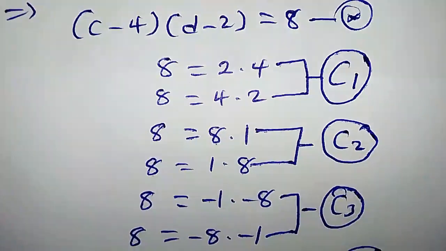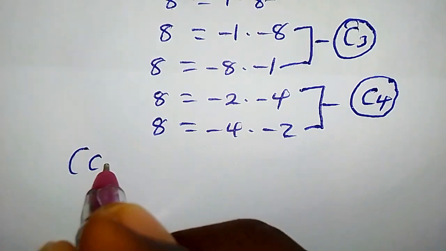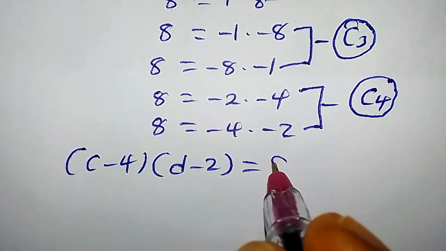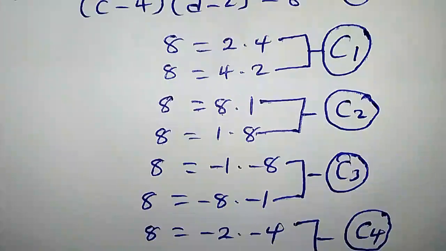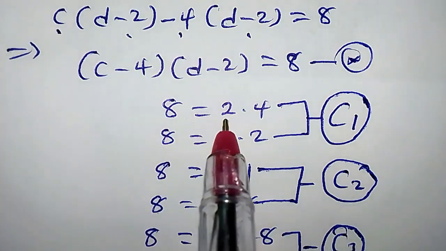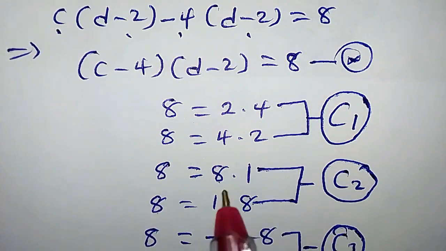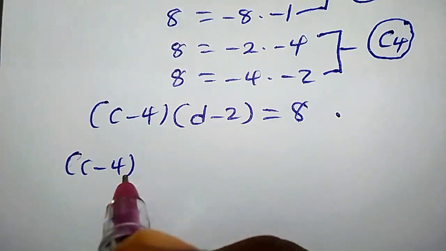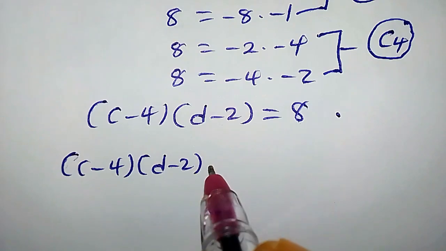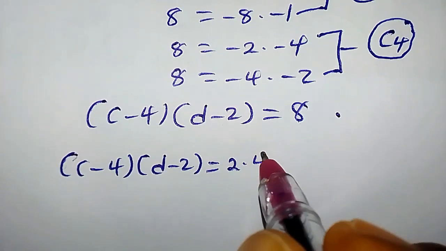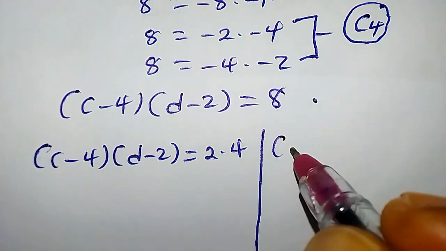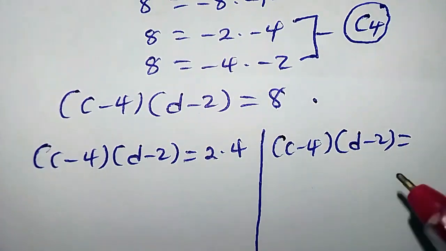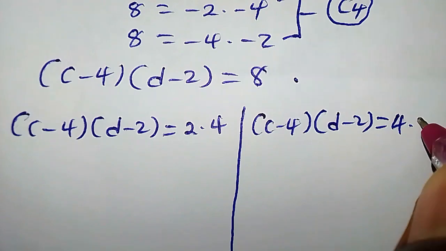Let's proceed further. C minus 4 times D minus 2 is equal to 8. Considering case 1, that is C1, 8 equals 2 times 4 and 8 equals 4 times 2. So we have C minus 4 times D minus 2 equal to 2 times 4, and also C minus 4 times D minus 2 is equal to 4 times 2.